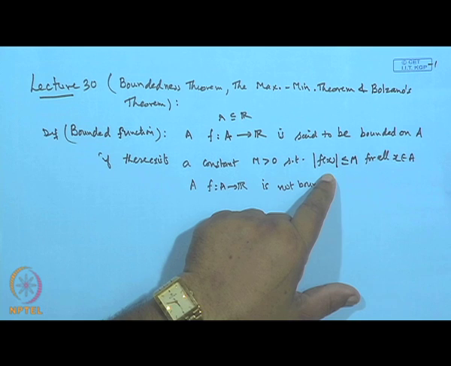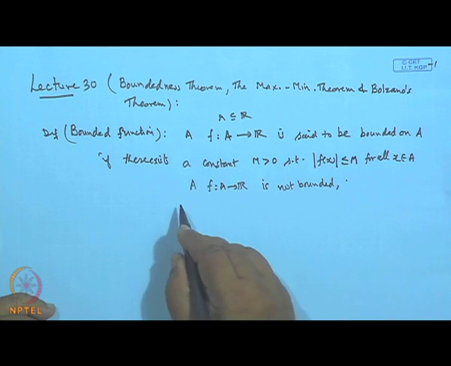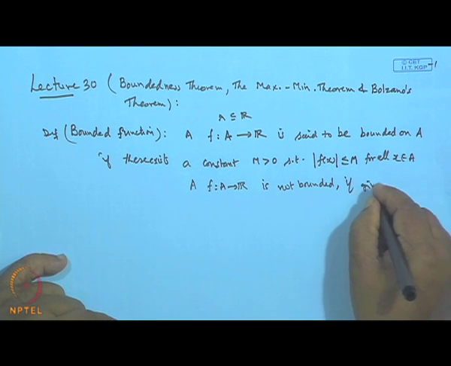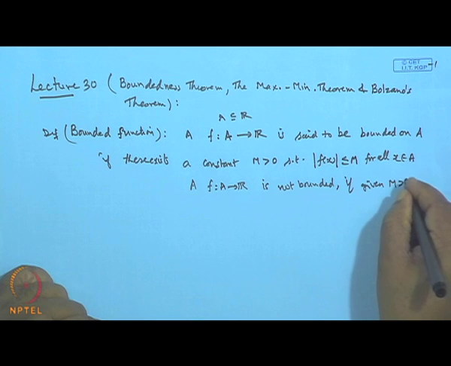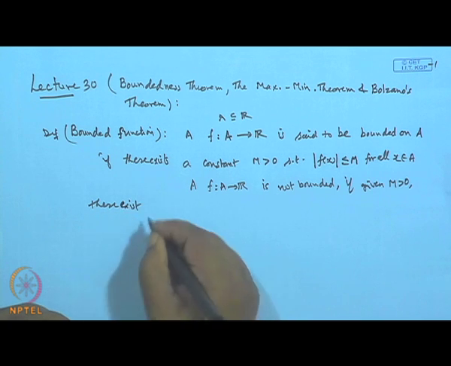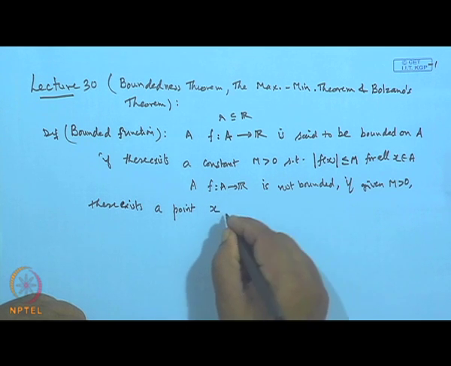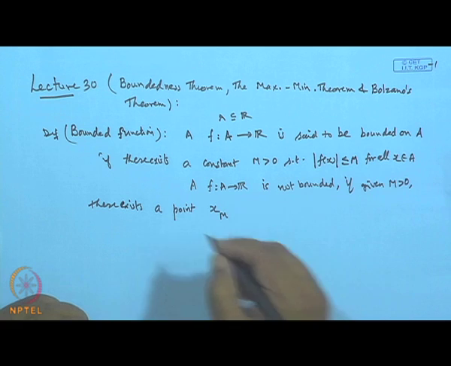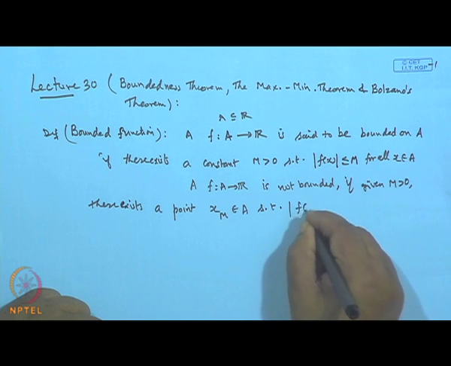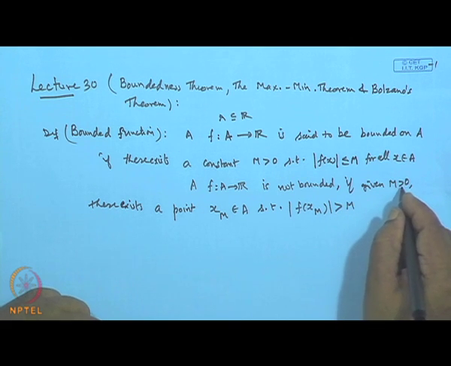Or we can say that function f is unbounded if, given any m greater than 0, there exists a point x_m, which depends on this bound m, belonging to A, such that the value of the function at this point is greater than the given number m.